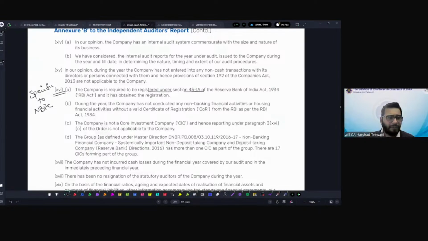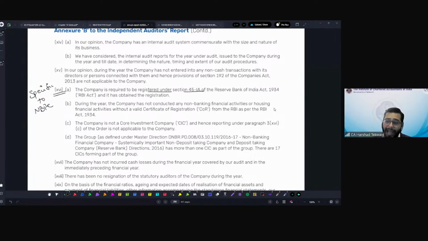The rest of the paras are similar to what we have discussed, but these are certain paragraphs with respect to CARO which are very important when it comes to NBFCs, because in other companies you might not report anything in these paragraphs. They might not have anything, but in NBFCs you will always have things to report over here. Clear with this?